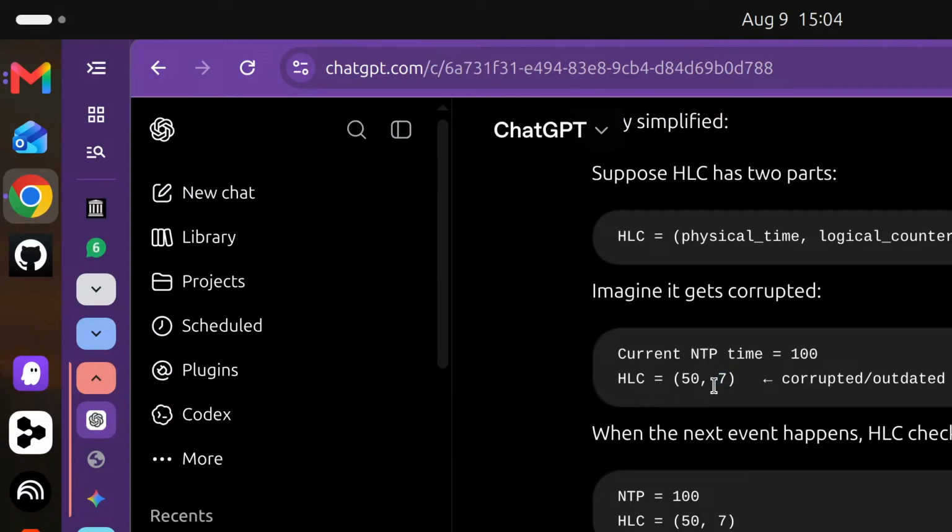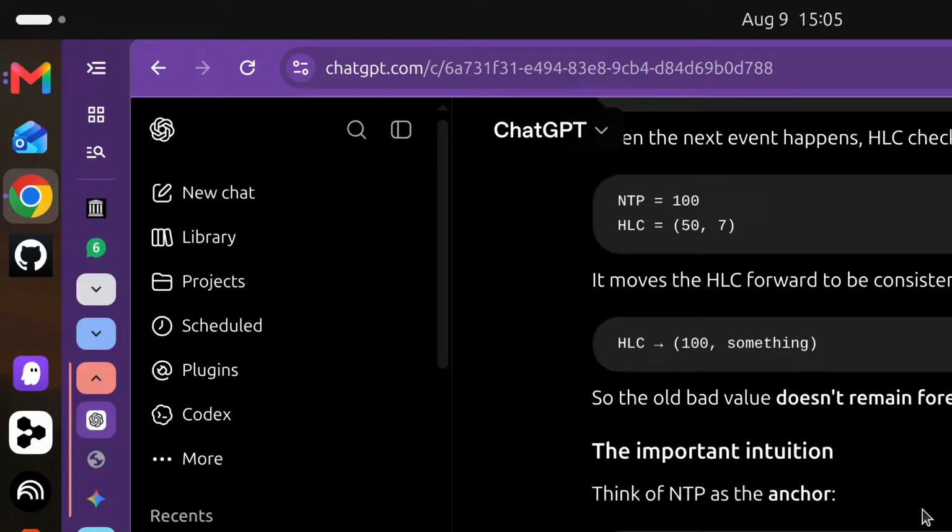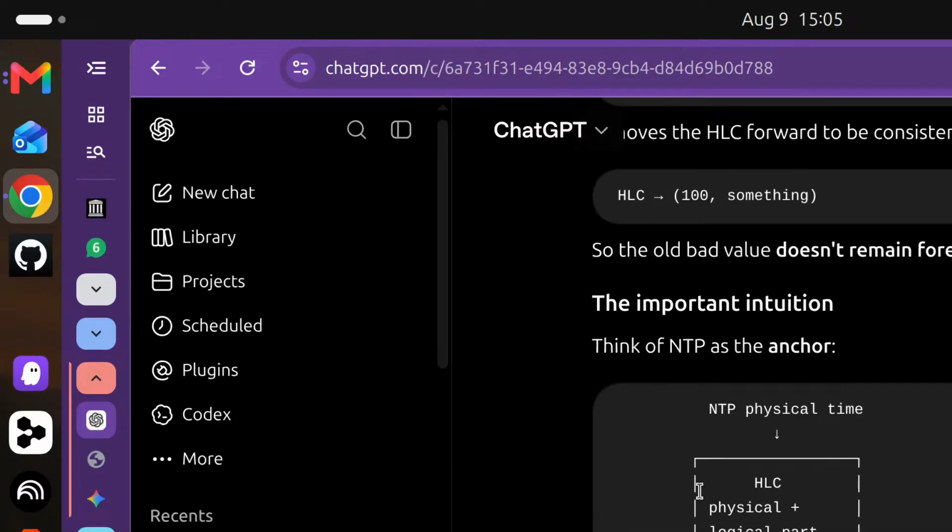When the next event happens, HLC checks the physical clock, which is 50 while NTP is 100. Since it is out of range, it moves the HLC forward to the current physical time, like 100 or something. Think of NTP physical time as an anchor, so the HLC is continuously corrected.